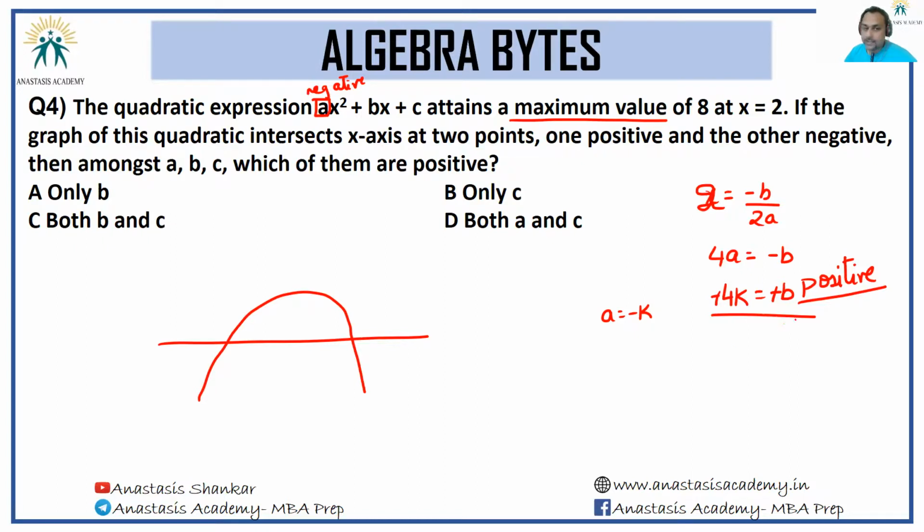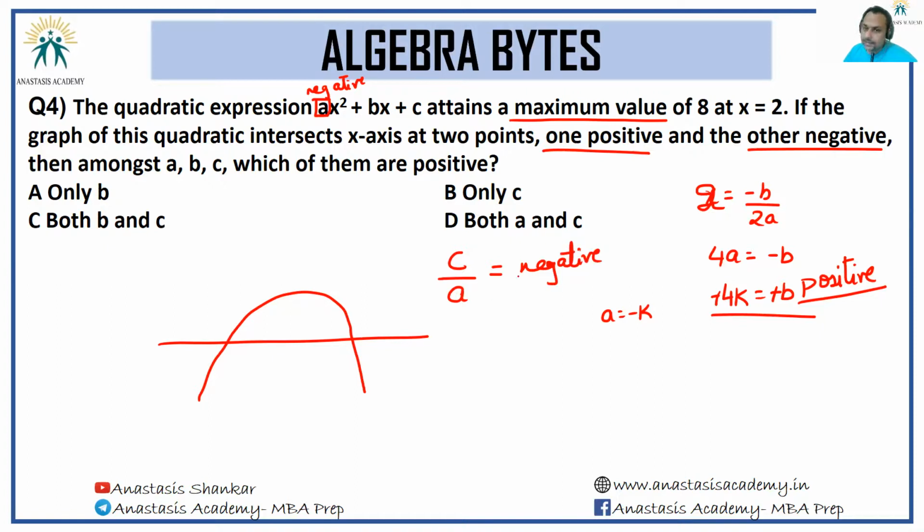If b has to necessarily be positive, next thing to check, this expression had two roots, no? One positive and the other negative. So can I say the product of roots will necessarily be negative, and the product of roots is given by c by a, and we have been told this is negative.